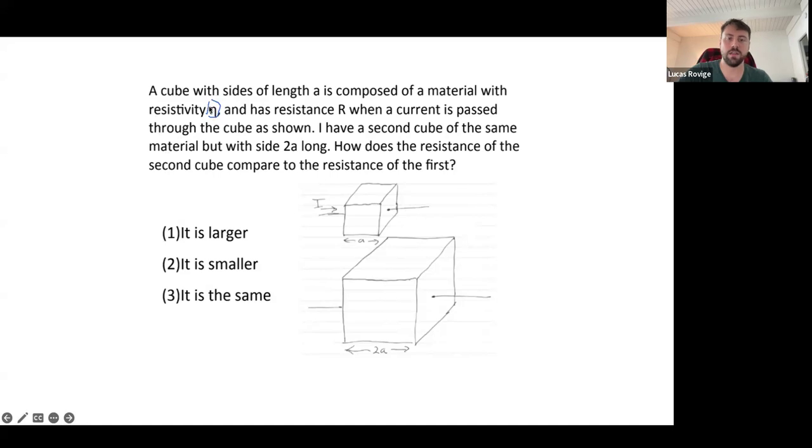So resistivity eta, and the total resistance of the system is R. And now we have another cube, same material, but instead of having a cube of side A, we have a cube of side 2A. So what happened to the resistance in this larger cube? Is it larger or smaller or the same?